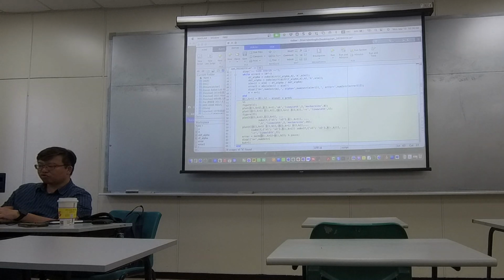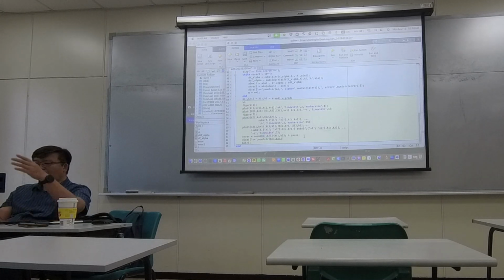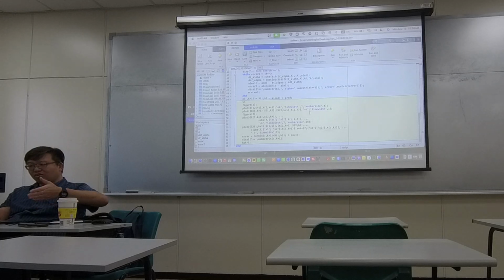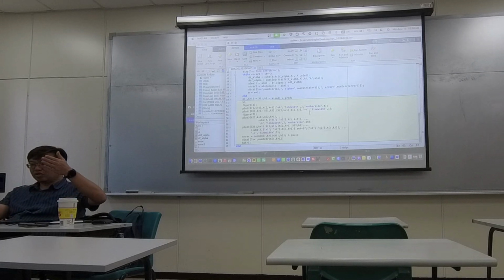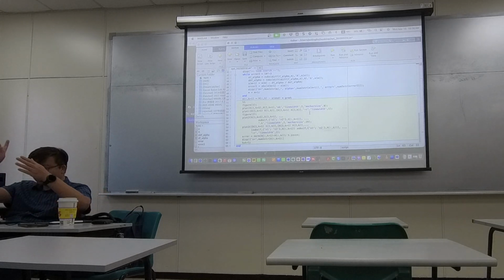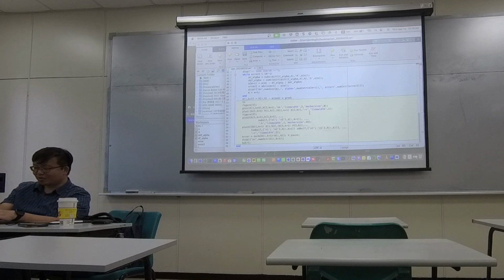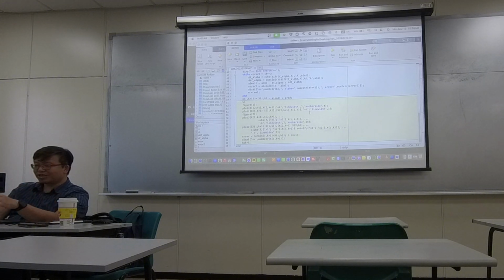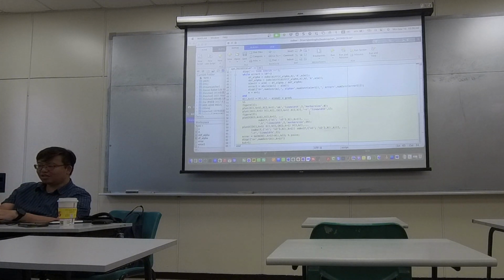But our x are vertical vectors, so I need to transpose it. I need to do this, I don't know how to say it, the prime sign, to transpose it. And then also show what's the current error. So number to string, the current error.